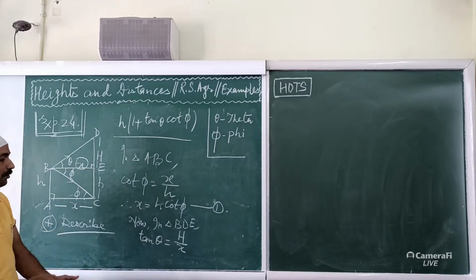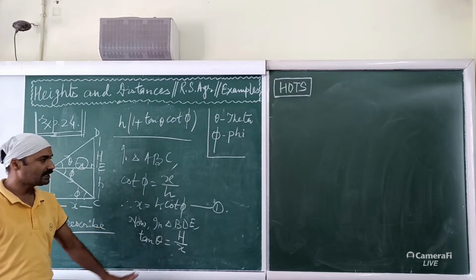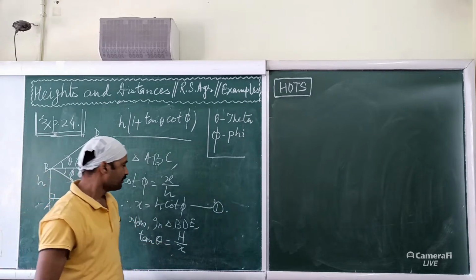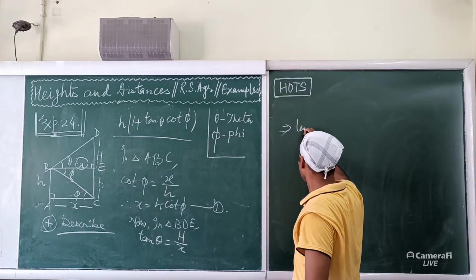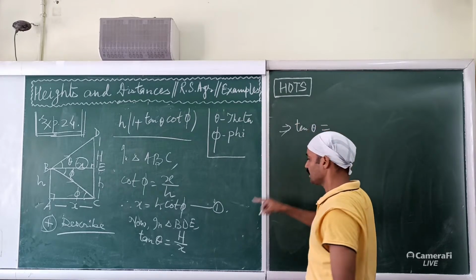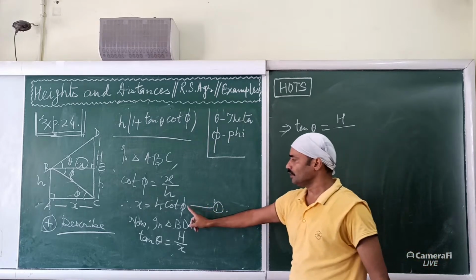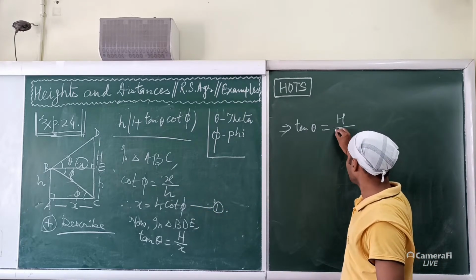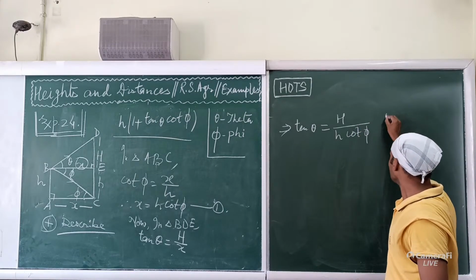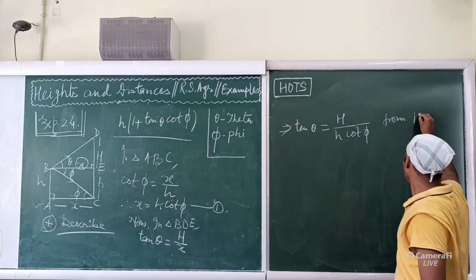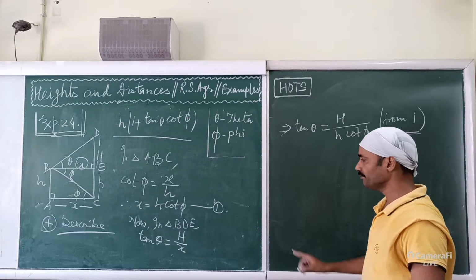So tan theta equals h by x, which is h by h cot phi. From where did you get this? You got it from result 1.